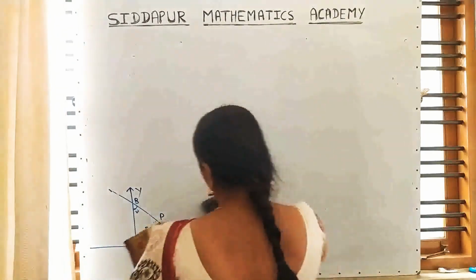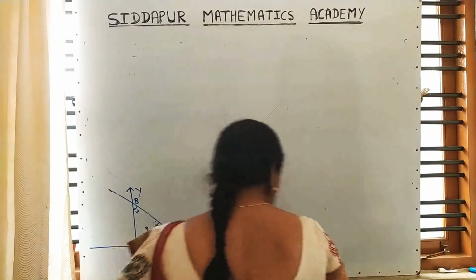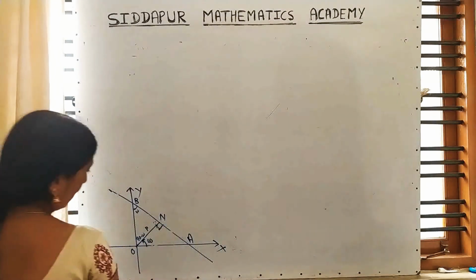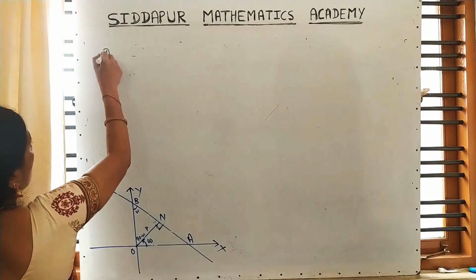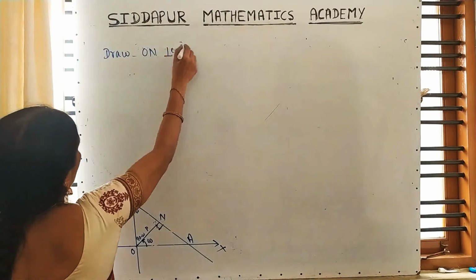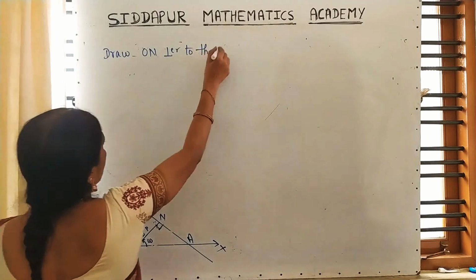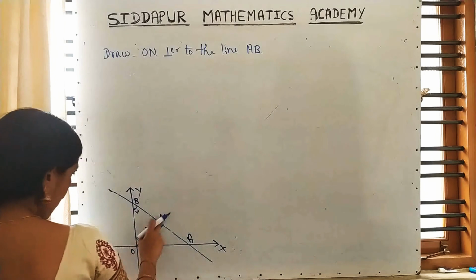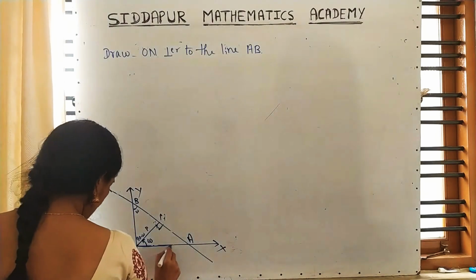And for our convenience, better you take n, because p is already there in the problem. Let us write this as n. Draw ON perpendicular to the line AB.